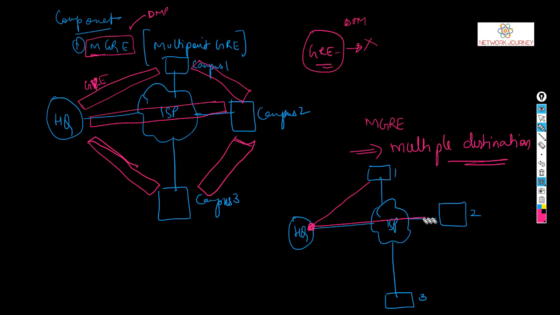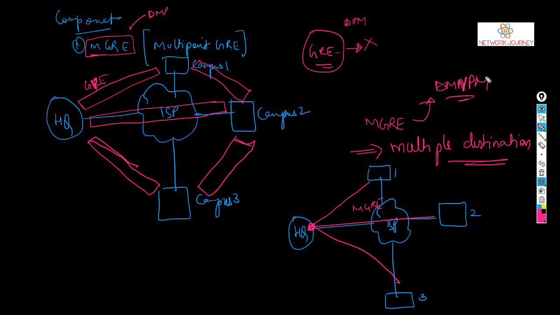I am going to have mGRE here, and mGRE on each spoke. This is how mGRE works. One single hub can connect to all or multiple spokes. That's why this is the basic component of DMVPN, dynamic multipoint virtual private network.